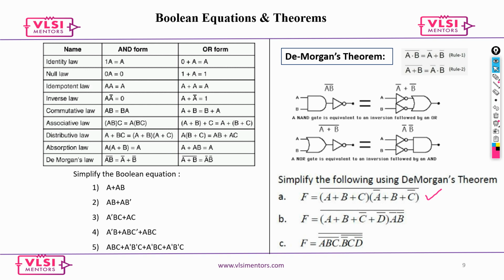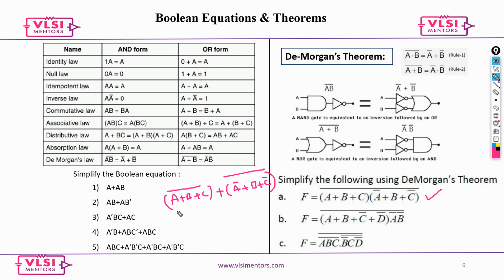Let's solve this problem. So simple, right? Let's look at it this way. Now when you do this, A plus B plus C is going to be 1, and then plus A bar plus B plus C bar.